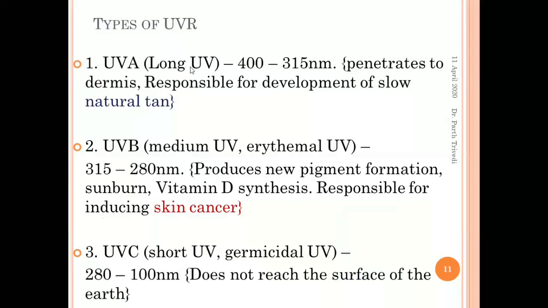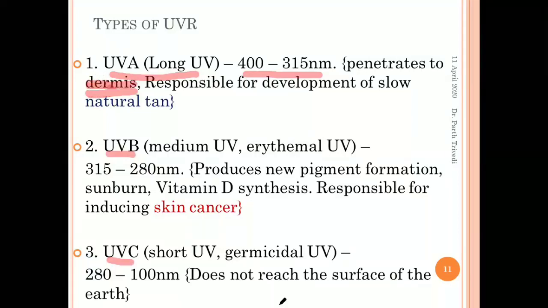So we all know that UVR lies between the violet end of visible light till the X-rays. Now this UVR is basically divided into three portions: UVA, UVB, and UVC. The first is the long UV, 400 to 315 nanometers. As it is the longest UV, it goes till the deeper layer of the skin, that is your dermis.